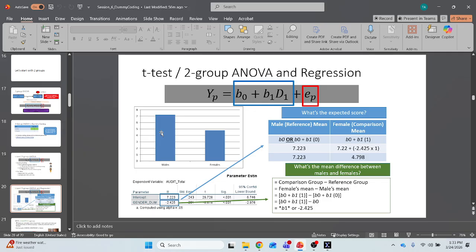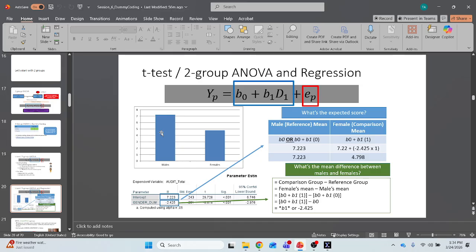So this is your equation of a line. I put here B0 plus B1 times 0. If you multiply something by 0, it becomes 0, so it's just B0. So that's 7.223, equation of a line. B0 plus B1, you can only go 0 or 1 in the dummy code.